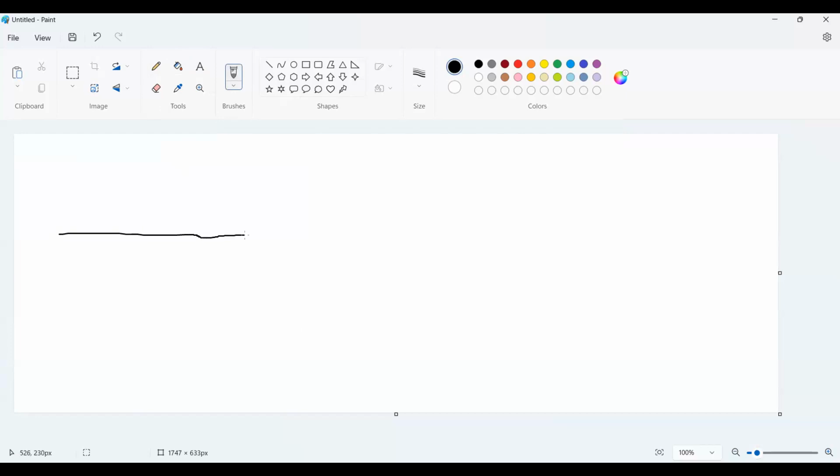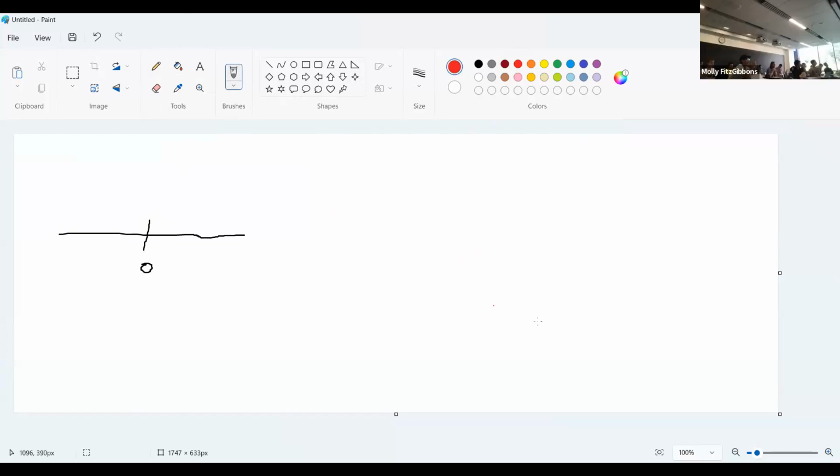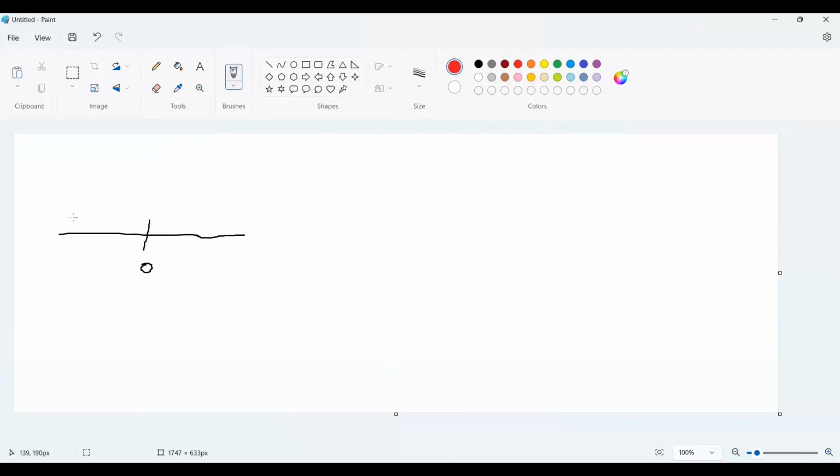I have my line and I have my point 0. How many ways can I approach the point 0 if I want to take the limit as h goes to 0? How many ways are there essentially to approach? Two. I basically can come in from the left, or I can come in from the right. It's extremely boring.